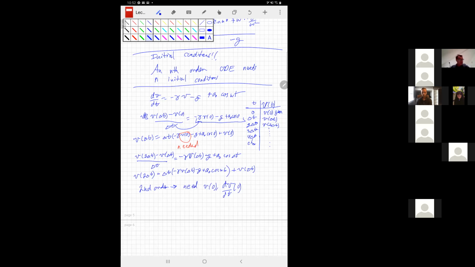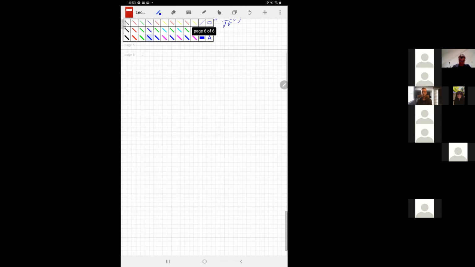So let's focus on second order equations here. And let's start with a linear second order equation with constant coefficients.